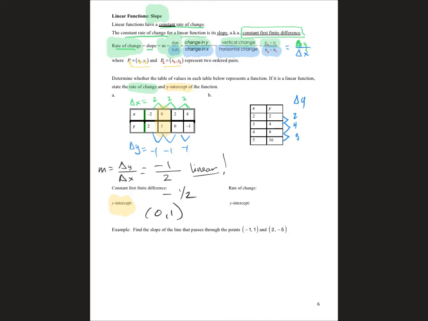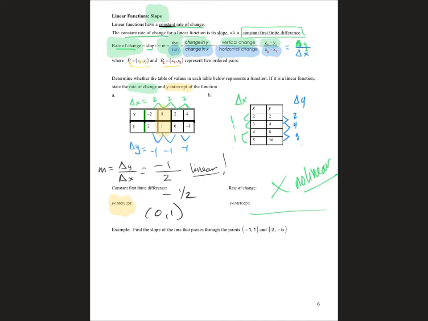Depends on how our x's are changing. Let's look at our change in x. 5 minus 4, 1. Oh, no. Change in y over change in x is not constant. So there is no rate of change. Can I identify the y-intercept? Well, we're not even going to do that because it's not a linear function. It's non-linear. Now, are we going to talk about those? Yes, but not just yet.